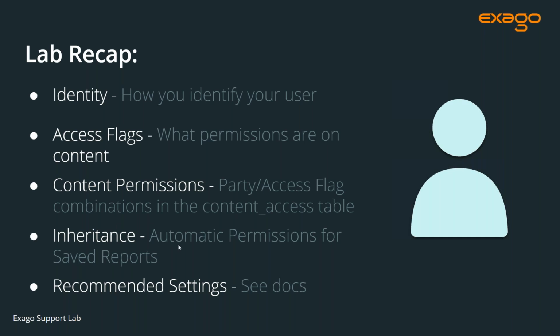And then do you want to use inheritance or not? This is when something's saved into a folder, do you want to inherit the permissions of that folder? So for example, if you have a folder that's shared amongst a group of users and you can allow specific users to save things into that folder, then those pieces of content saved there will be available to other users who have permission on that folder.